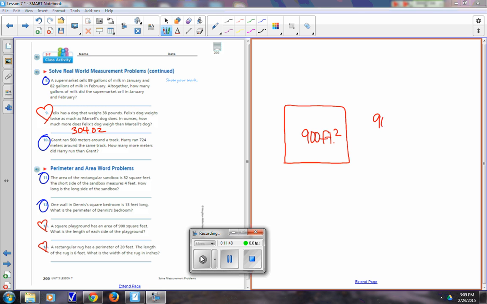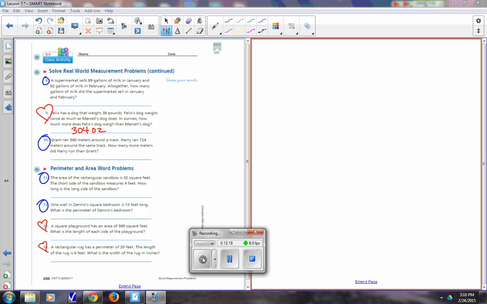So I'm going to divide 900 by 4. Oh, man, I'm tired. Sorry, friends. 2, 5. So each side is 225 feet.